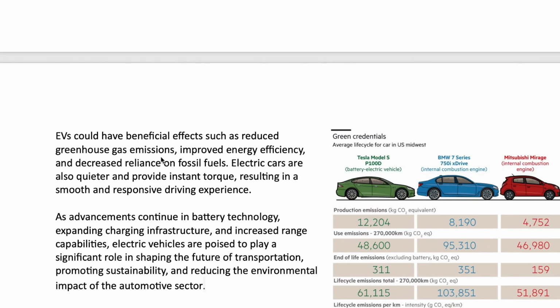Now, of course, this is beneficial because it reduces greenhouse gas emission. The standard combustion engine produces a lot of air pollution, as we discussed before, like all those nitrogen oxides and carbon dioxide and so on. The electric vehicles do not produce that.